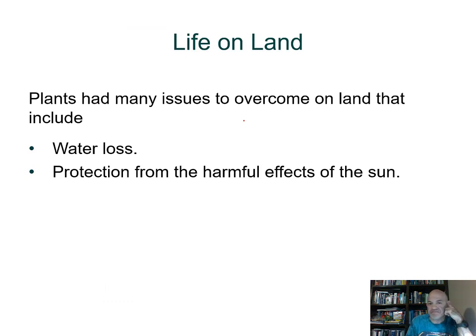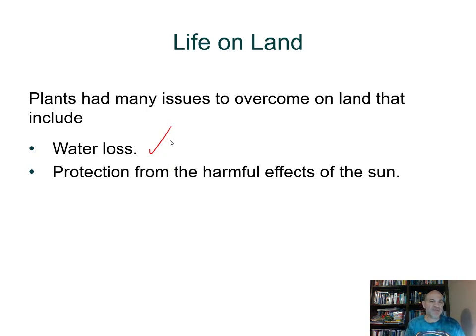So life on land, you have to overcome many issues. One of them is when you come onto land, you're going to lose water quickly. If you live in water and then you take that organism out of the water, they likely don't have good adaptations to prevent water loss across their body. And plants have a body too. If you look at a tree, the leaves, the body of the leaf, the body of the plant.